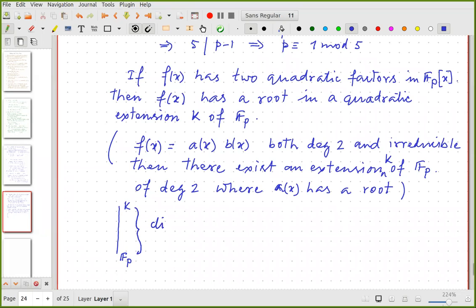So K is a two-dimensional vector space over Fp. So this is p square. In fact, we use this argument to show that every finite field has order a power of a prime. It's the same argument. Here the dimension is just 2.